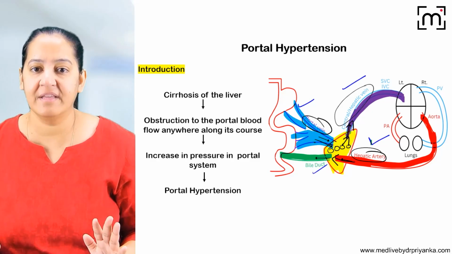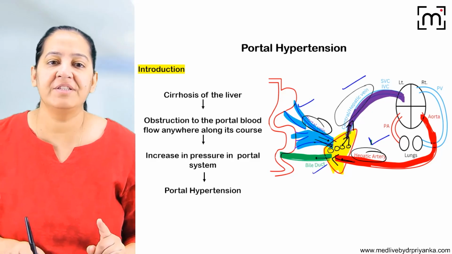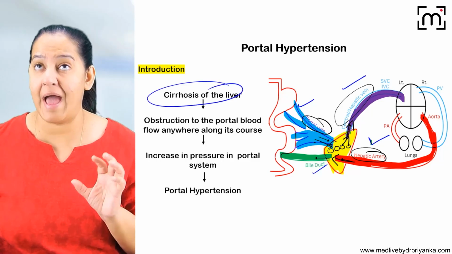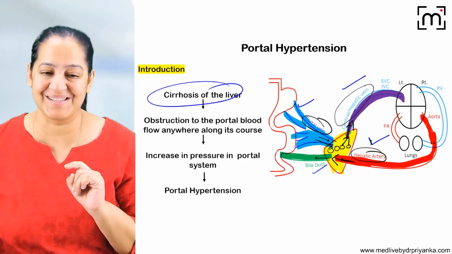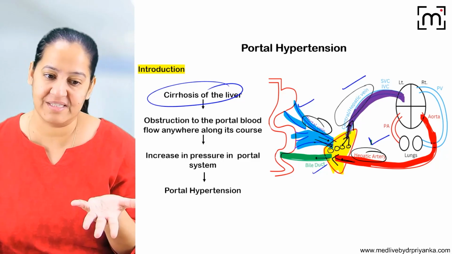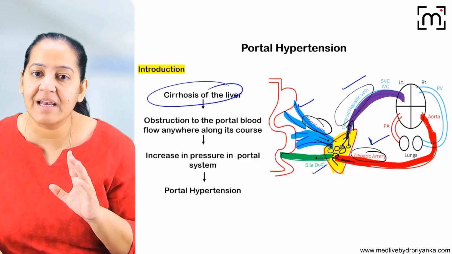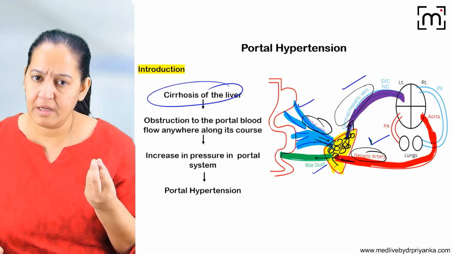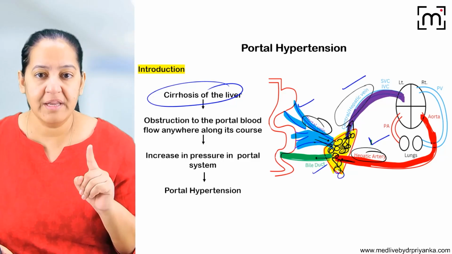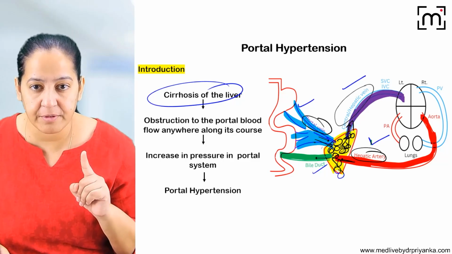Now imagine the liver is having cirrhosis. Cirrhosis is a disease of the liver. I assume that you have watched my video on cirrhosis. There is a separate video on cirrhosis. If you have not watched that, please watch that first. Whenever the liver is injured and is end stage cirrhotic, the liver will not accept the blood from the portal vein.